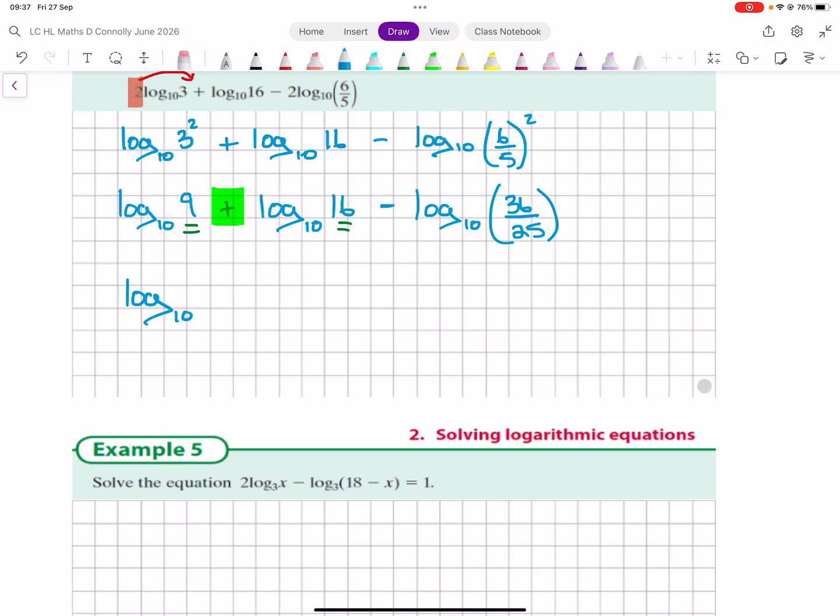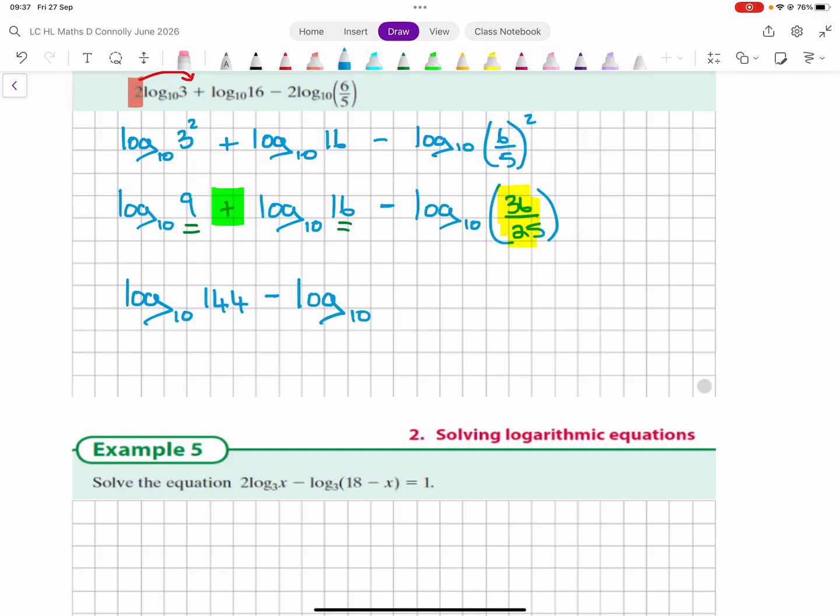This is an addition, so we can multiply these two. So it's log to the base 10 of 144 minus, now this one is a division. Can I do anything with that? I don't think I need to actually. Hang on, sorry.